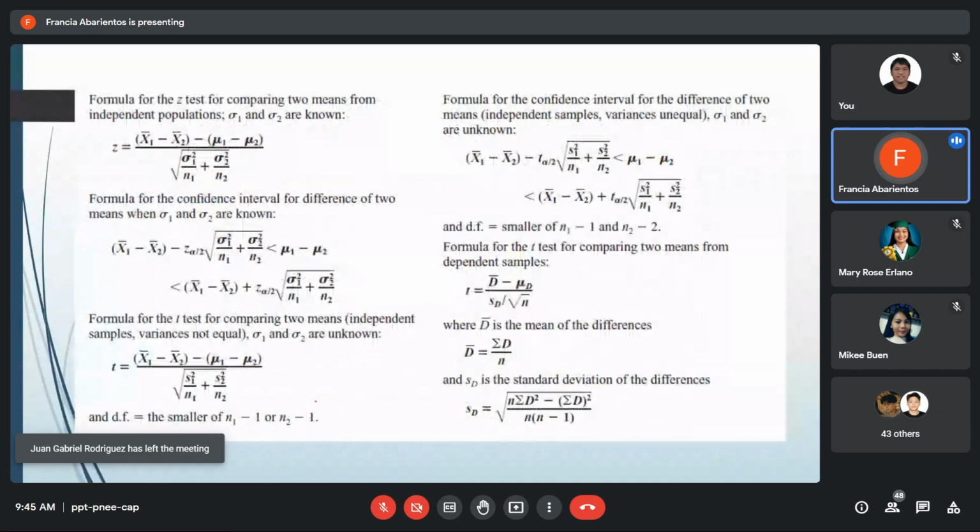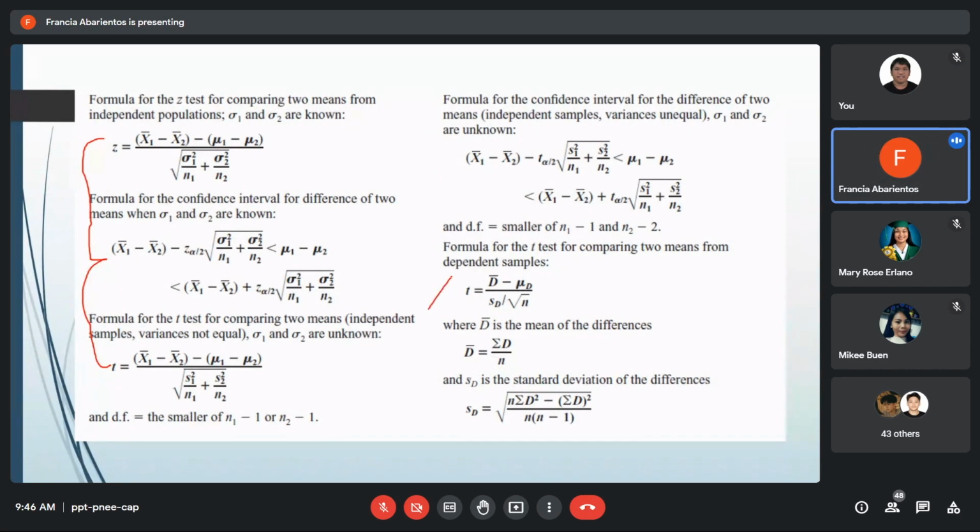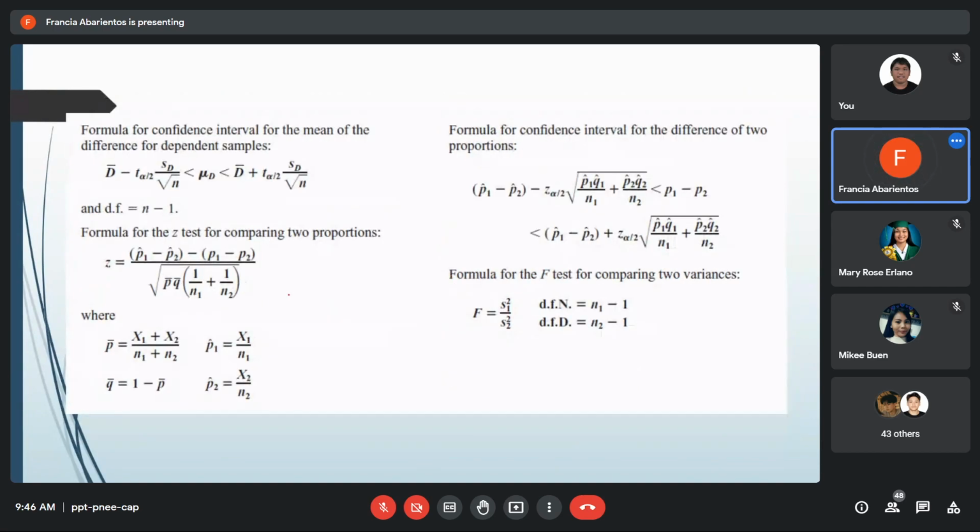So, these are the formulas usually used when testing the difference between two means. We can make use of the z-test when comparing two means from independent samples. When the variances are not equal, the t-test. And we have comparing two means when the samples are dependent. We also have the z-test for comparing two proportions.